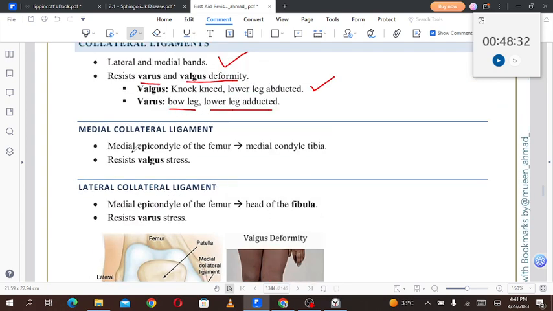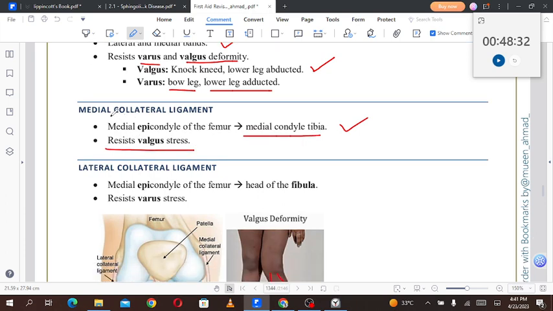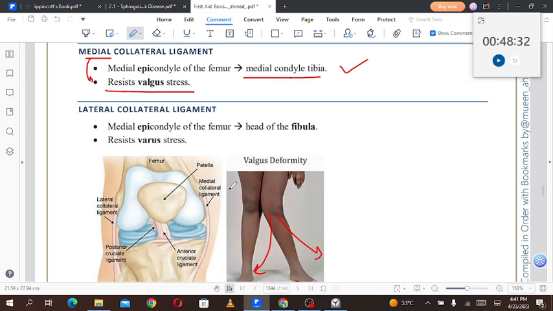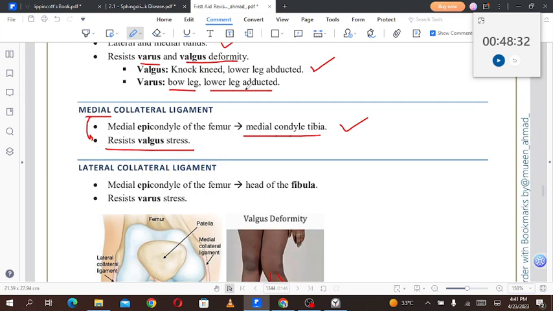Medial collateral ligament. The medial epicondyle of the femur is connected to the medial condyle of the tibia, that is the medial collateral ligament. It resists the valgus stress, because valgus means the lower leg is abducted.